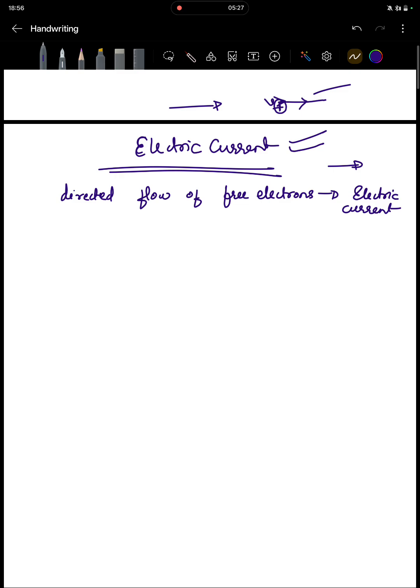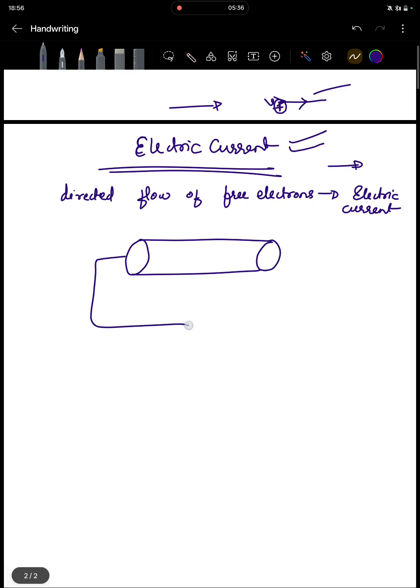The flow of electric current can be beautifully explained by this diagram. Here I consider one conductor connected to an EMF source, or a battery.